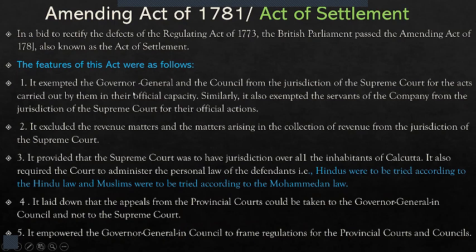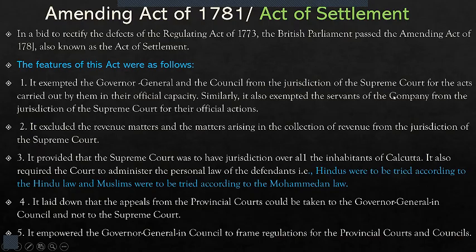It exempted the Governor General and the Council from the jurisdiction of the Supreme Court for the acts carried out by them in their official capacity. So what happened was the Governor General of Bengal and the Council, there are four members in the council, right? So these people were exempted from the jurisdiction of the Supreme Court. If the Governor General and the Council make some mistakes, the Supreme Court cannot challenge it.